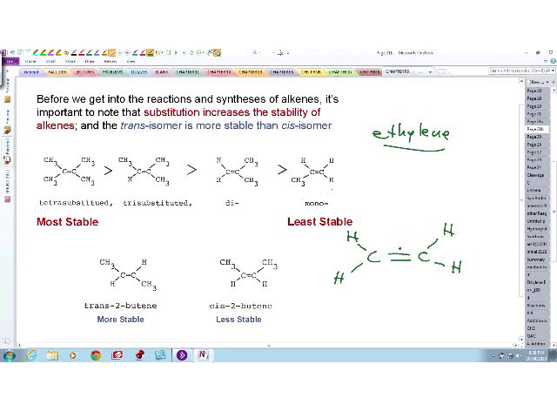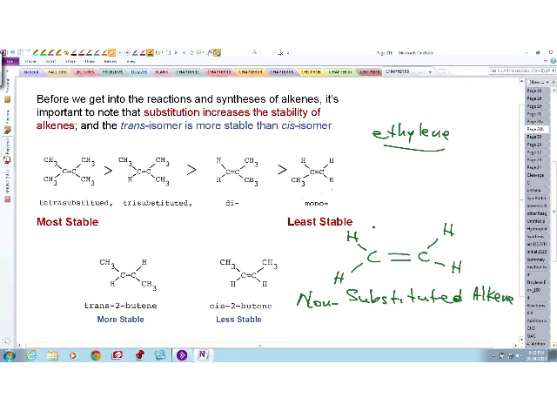Now, this carbon-carbon double bond, this is the simplest alkene that we could find in nature and in the laboratory. Because each one of these carbon atoms is attached to hydrogen atom, we say this is a non-substituted alkene. Okay, that is very important going forward.